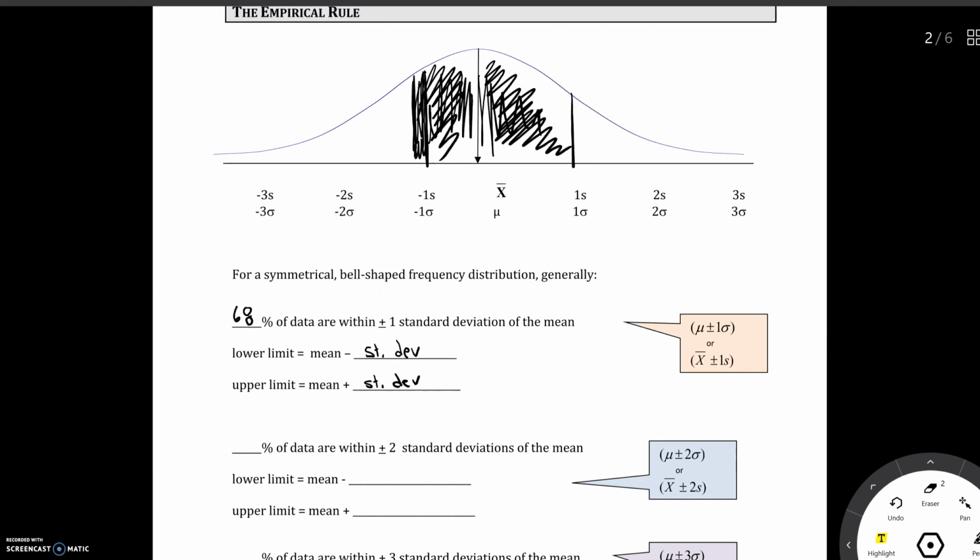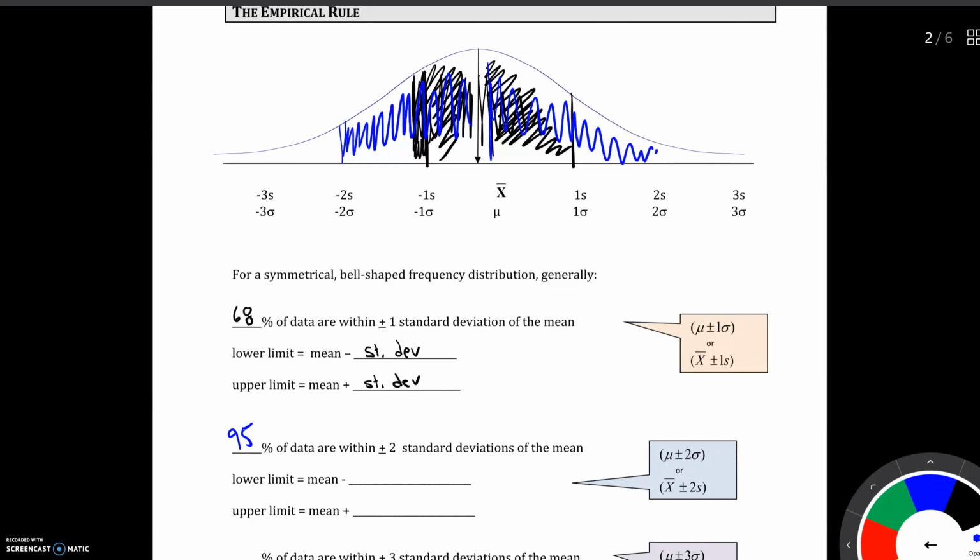Moving further, we can get the middle 95% of the data by moving 2 standard deviations from the mean. The lower limit is the mean minus 2 standard deviations, and the upper limit is the mean plus 2 standard deviations.